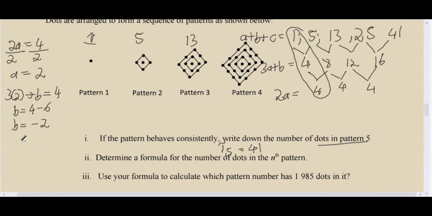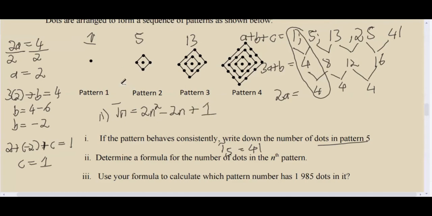Then let's calculate the value for c. a plus b plus c, that will be 2 plus negative 2 plus c is equal to 1. Now, 2 plus negative 2 is 0. So we have c is equal to 1, right? So the nth term for number 4 will now be Tn equals 2n squared minus 2n plus 1, right?